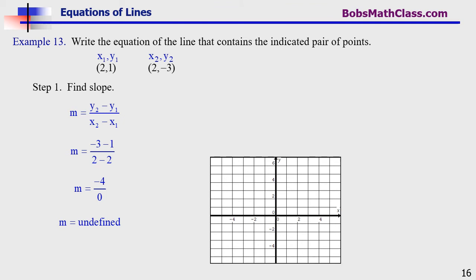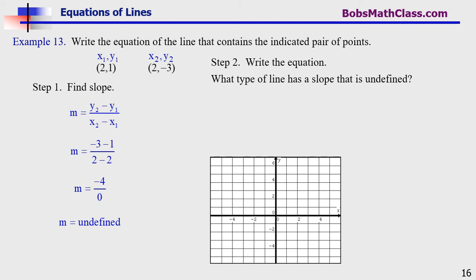Now, what kind of line has a slope that's undefined? So we're going to write the equation, and that's the question. What type of line has a slope that's undefined? Now that was just on the previous slide. Do you remember which line has a slope that's undefined? Right, a vertical line.